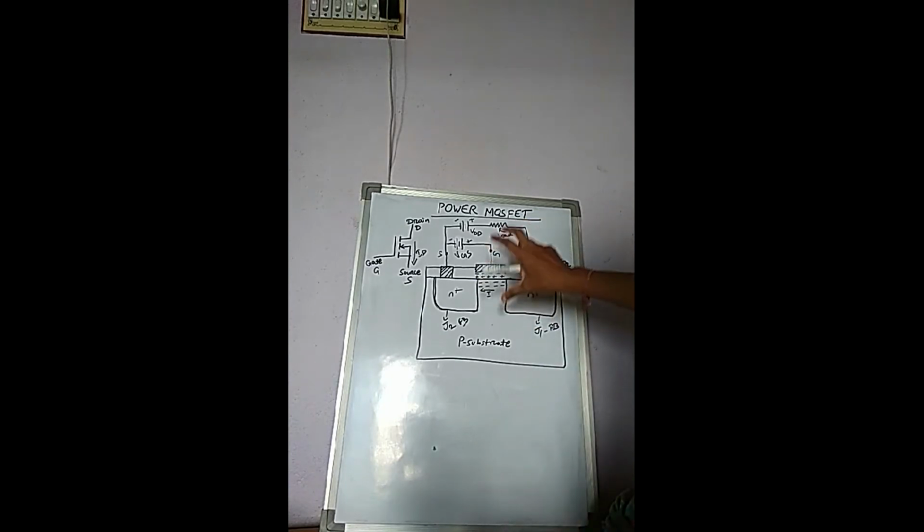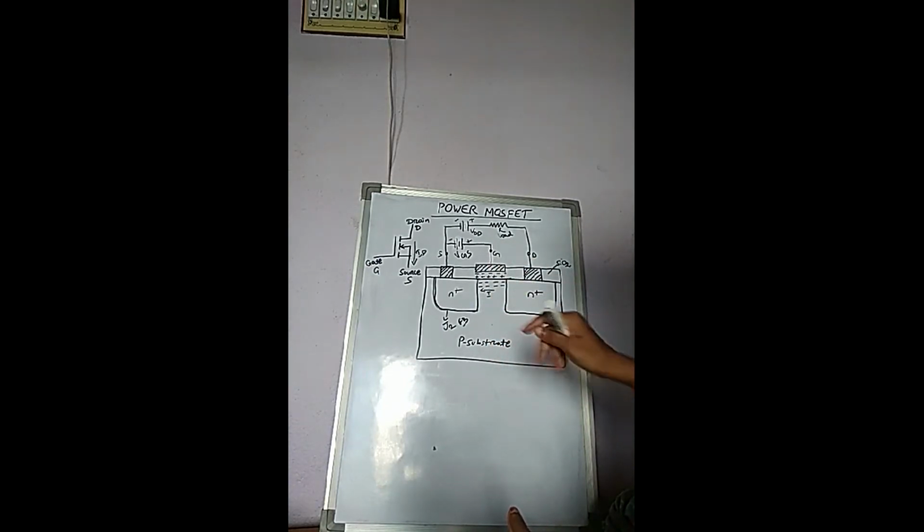That means it behaves like a capacitor: two metallic plates, and in between the two plates there is one insulating medium. So here also this is one conducting layer, and in between these two conducting layers there is an insulating medium.